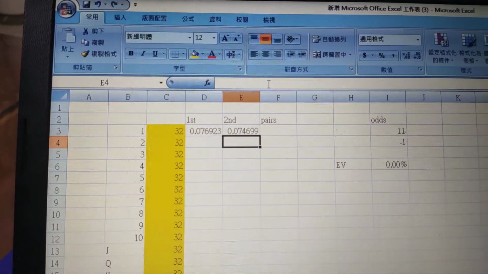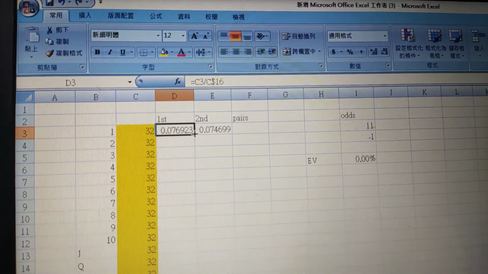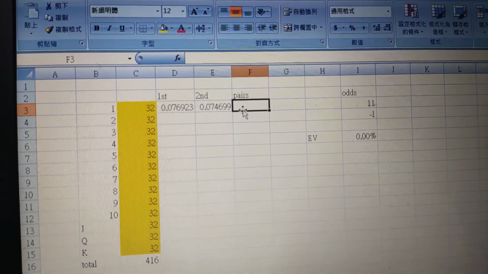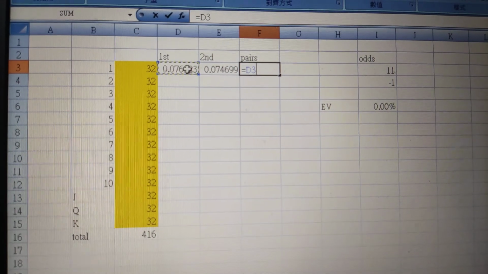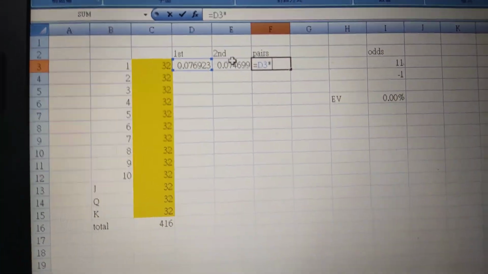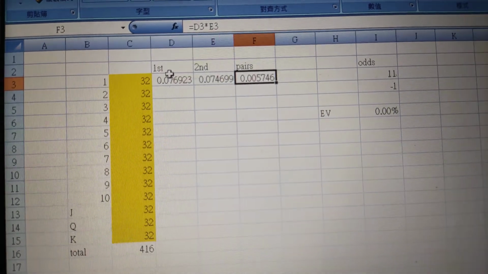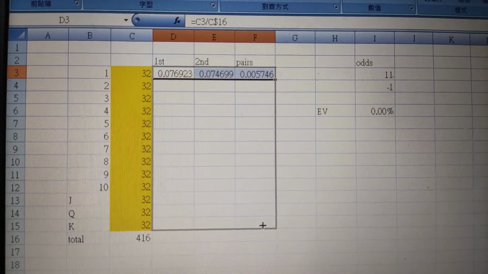Use dollar signs here. So we have the first card, which is the ace probability, and the second card is the ace probability. So the probability of an ace pair is the first card times the second card. This is the probability of ace, and we can use this to calculate the odds.